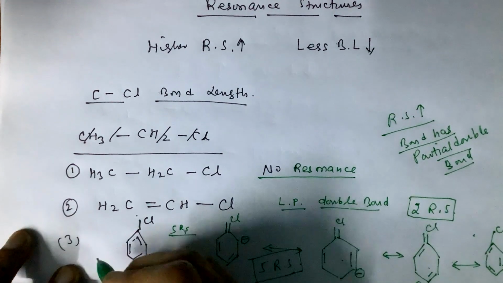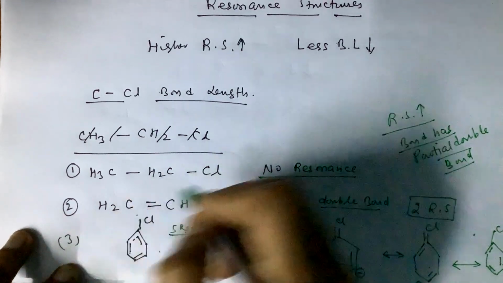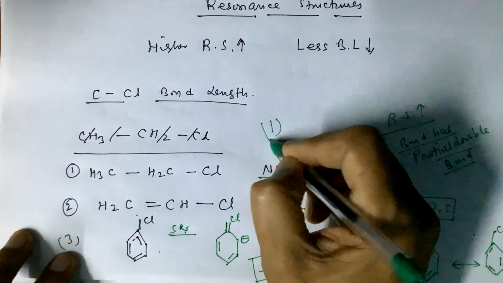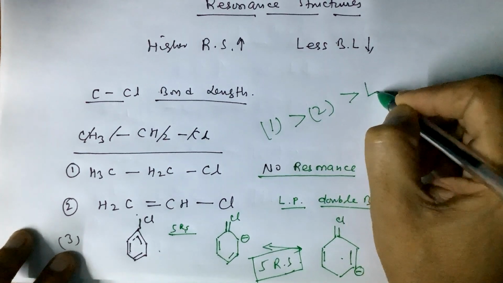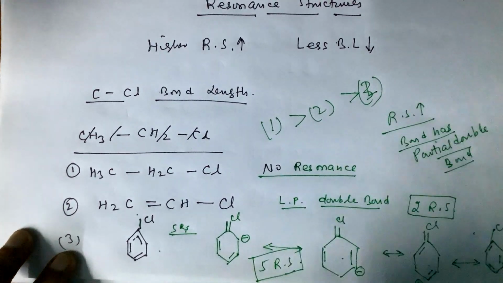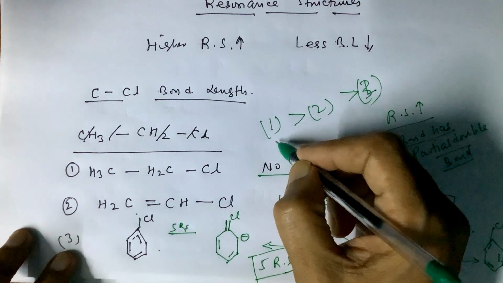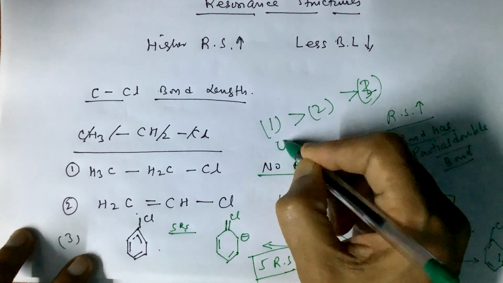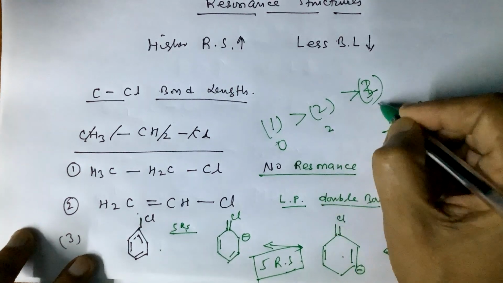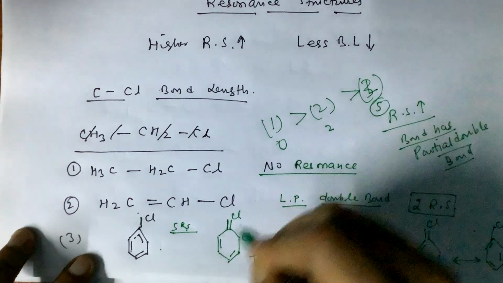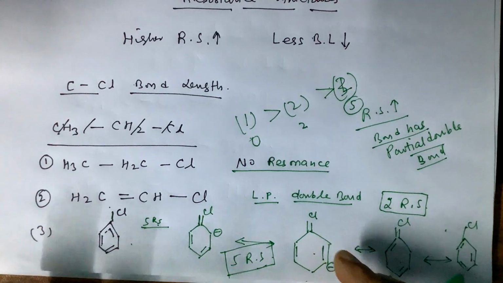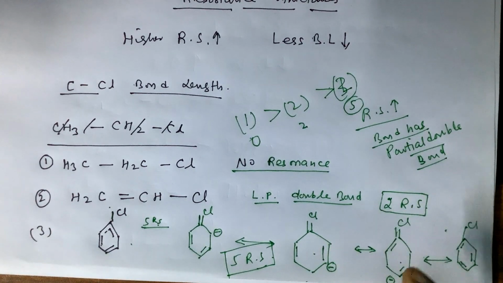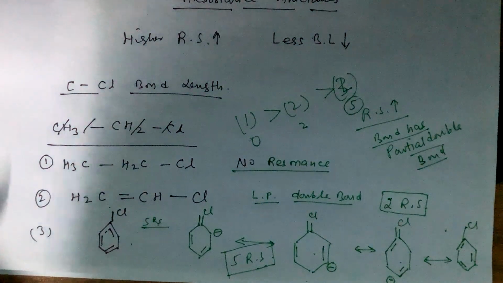So bond length of 1 is more than 2, and it is more than 3, because in 1 there is no resonance, here 2 and here 5. So which has the most resonance structures, its bond length will be least.